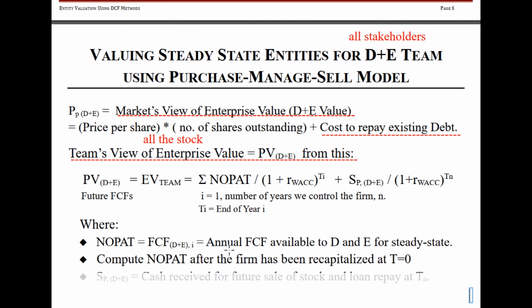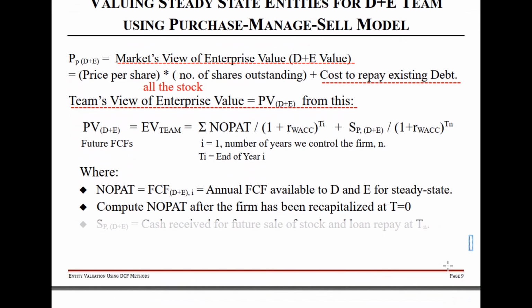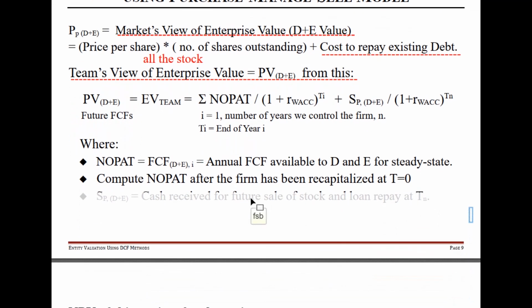Just as we wanted to with net income, we want to compute our NOPAT after we have recapitalized the firm at T equals 0. And our SPD plus E is going to be our total cash received when we exit this project from the sale of all the stock and calling in the loans or bonds at TN.